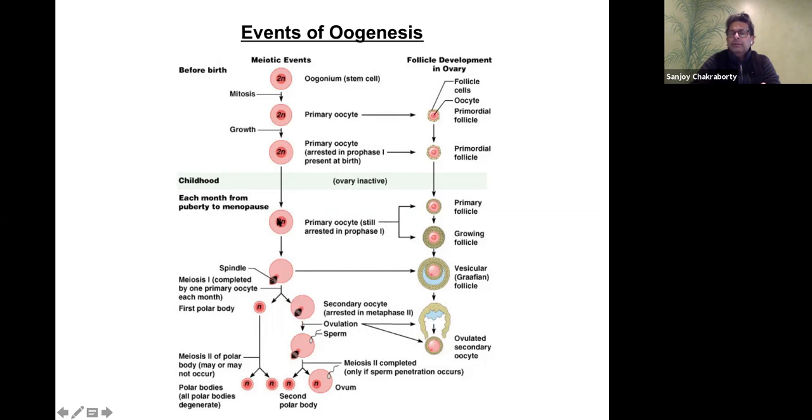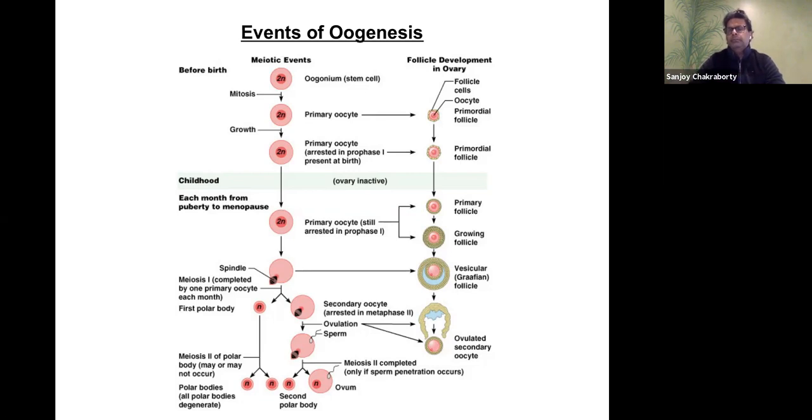So primary oocyte at prophase 1, metaphase 1, anaphase 1, telophase 1, cytokinesis, then secondary oocyte. Only one secondary oocyte, because the other one is a polar body, which degenerates. Now the secondary oocyte undergoes meiosis 2. Very important to understand here: the first stage is prophase 2, the second stage is metaphase 2. Stop again.